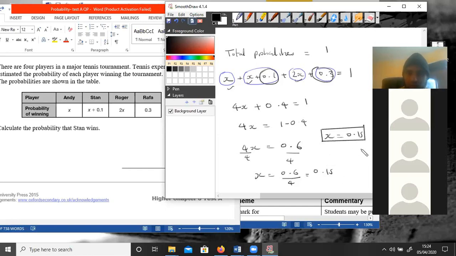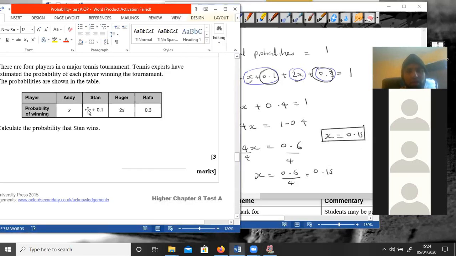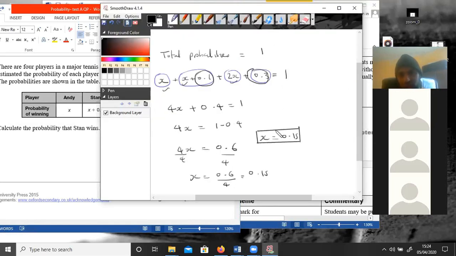Now that I know x is 0.15, the probability of Stan winning, which is what the question's asking me, is x plus 0.1. It says calculate the probability that Stan wins. So Stan winning is x plus 0.1. Let's check it. 0.1 plus 0.15 gives us 0.25, as Khalid said, and 0.25 is your answer.